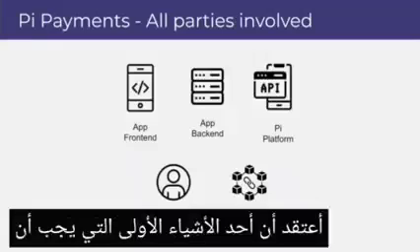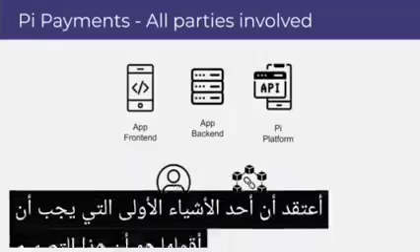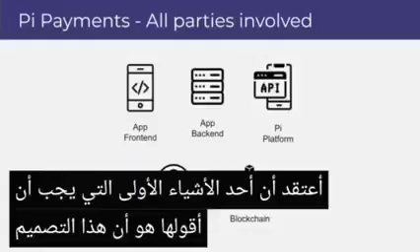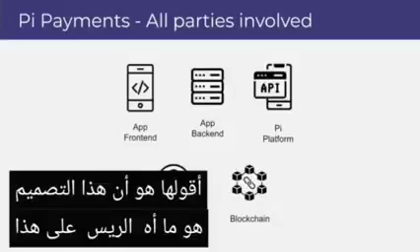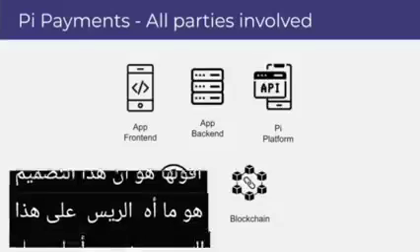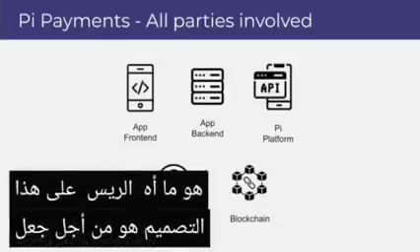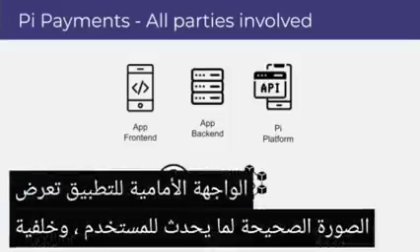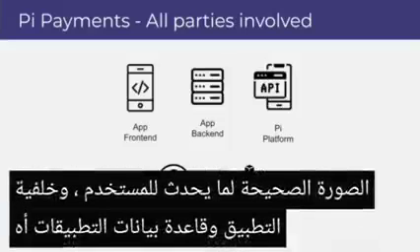I guess one of the first things to say is that the reason this design exists is in order to get the full picture of what's going on to the user. The app backend and the app's database contain the right information.